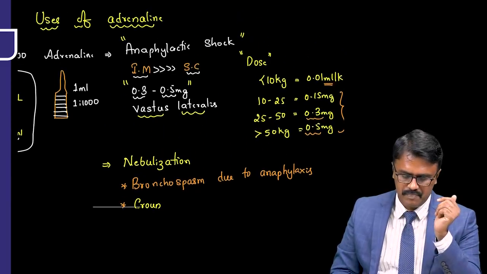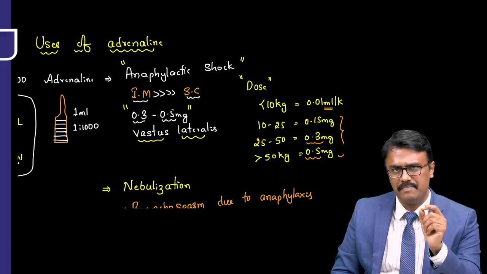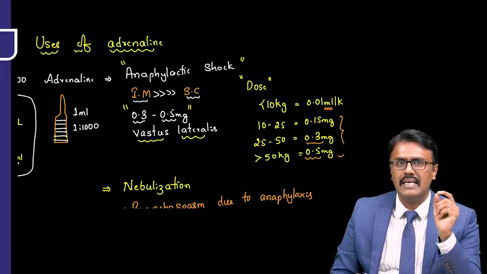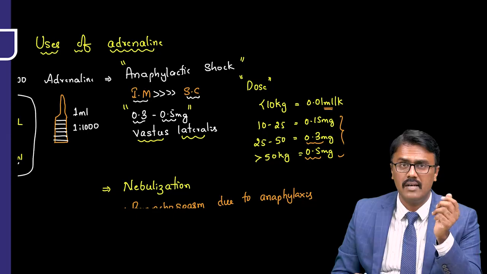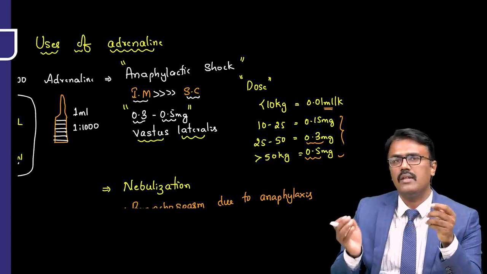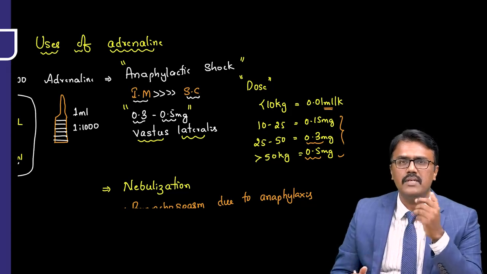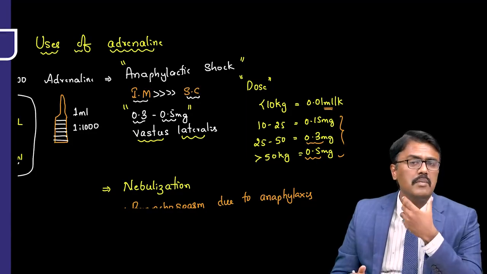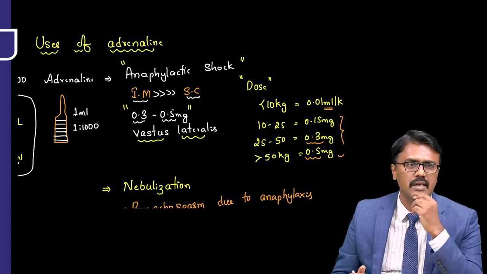Please remember, in the exam, if they ask you the drug of choice for anaphylactic shock, it is adrenaline. Now why adrenaline? The reason is histamine release. When does histamine get released? Suppose there is drug allergy, you give penicillin, or there is some bee sting or fish allergy, and the patient comes to you. There is difficulty in breathing, swelling of lips, there may be swelling of the glottis, and rashes and redness everywhere.